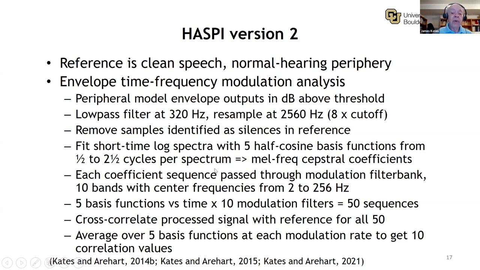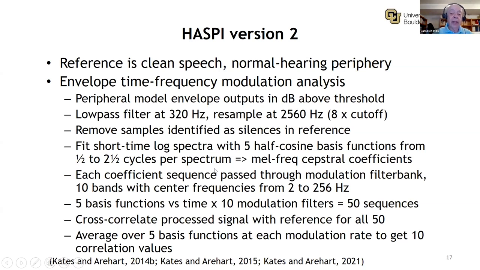And we're going from 2 hertz up to 256 hertz. So we're looking at what is traditionally considered the speech envelope, all the way up into pitch periodicity. So we have 5 basis functions. Each one of those sequences goes through 10 modulation filters. So we have 50 sequences rather. So we're building up a lot of data.